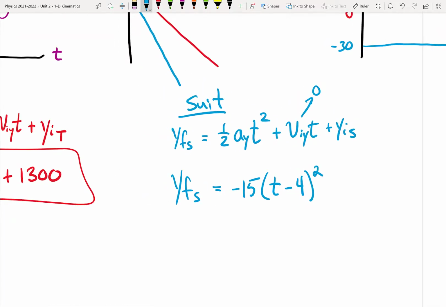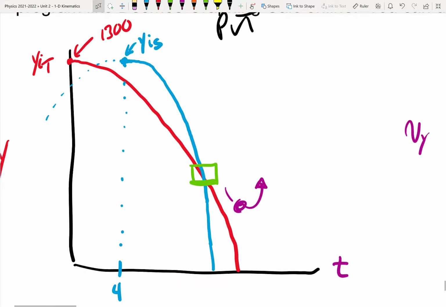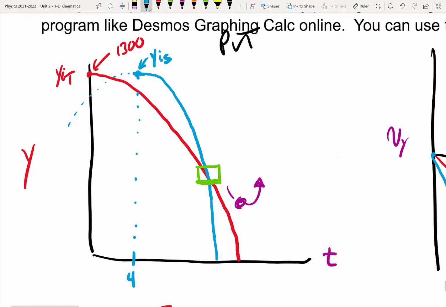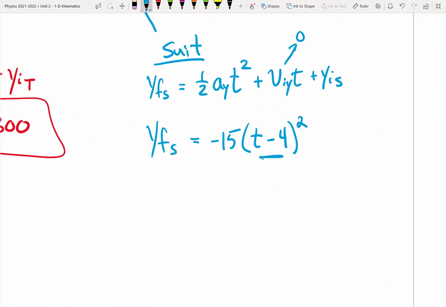And you can make sense of this because you should have right here at exactly 4 seconds, the position of the suit is still 1300 meters, right? And I have to have this little parameter in there. Otherwise, it's not going to tell me that the suit is still at 1,300 meters above the ground at the 4-second mark.